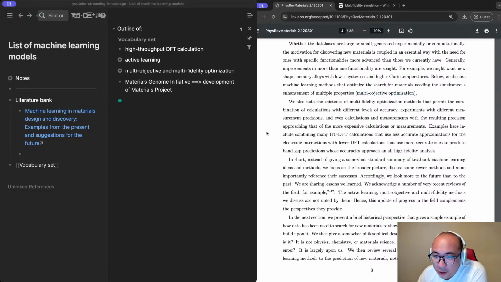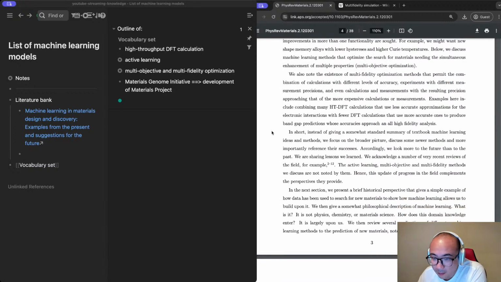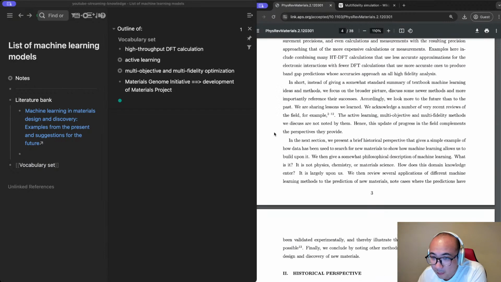Multi-objective optimization, yeah. Multi-fidelity optimization, yeah, permits the combination of calculations with different levels of accuracy and experiments with different measurement precisions. Discuss some newer methods and more importantly reference their success. Okay, good.